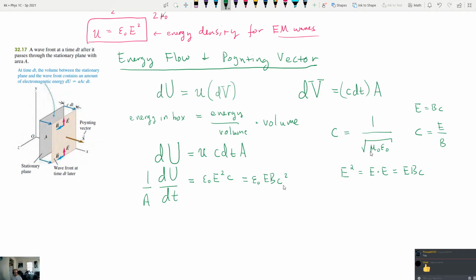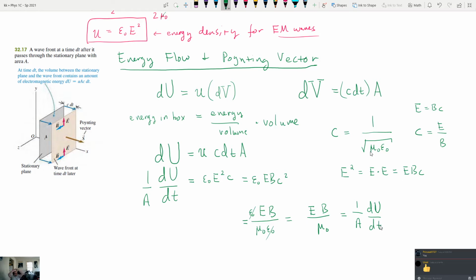And then we can replace the c squared with this. So c squared is equal to 1 over mu naught epsilon naught. And then, yeah, the epsilon naughts will cancel, and we end up just getting E times B divided by mu naught. And all of this is equal to this on the left-hand side, which is 1 over A multiplied by dU dt.